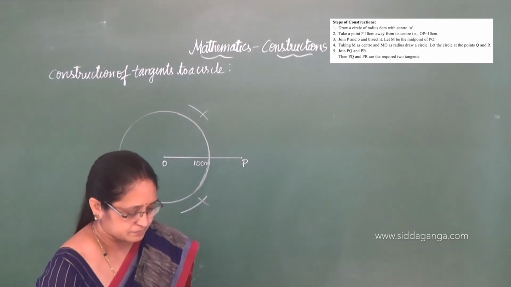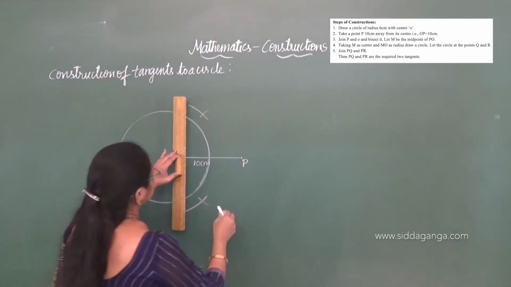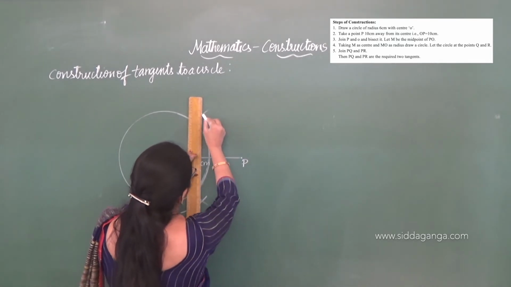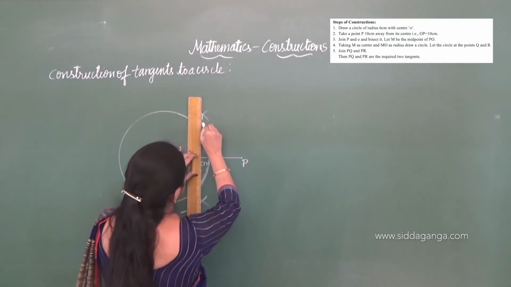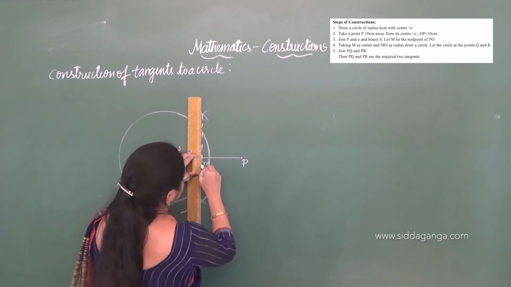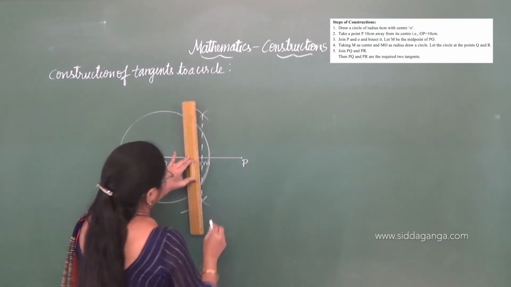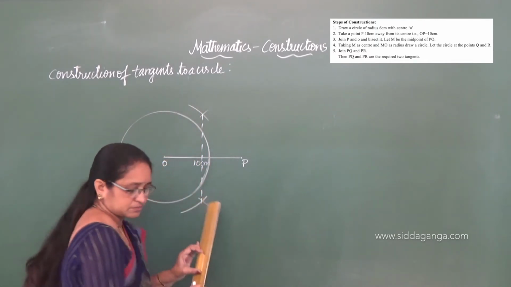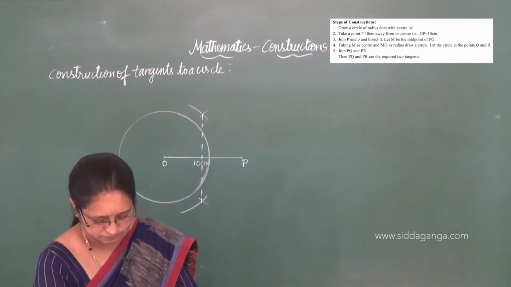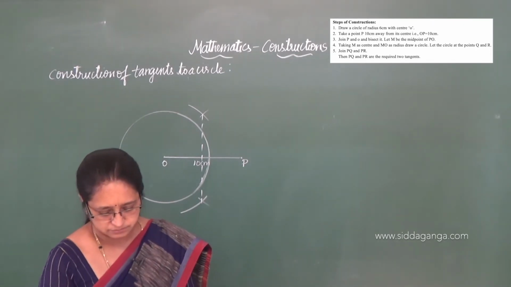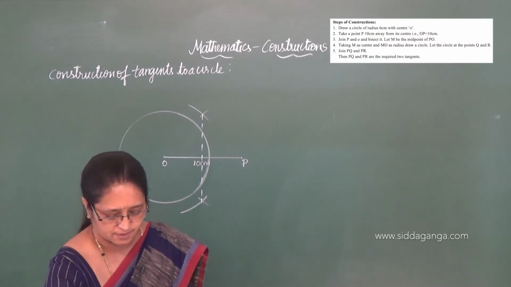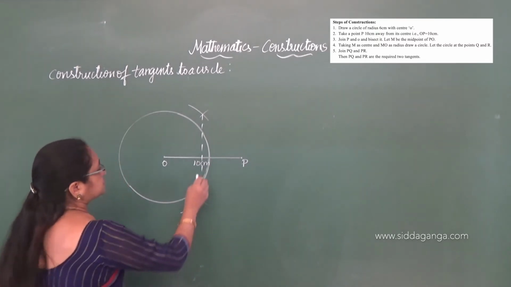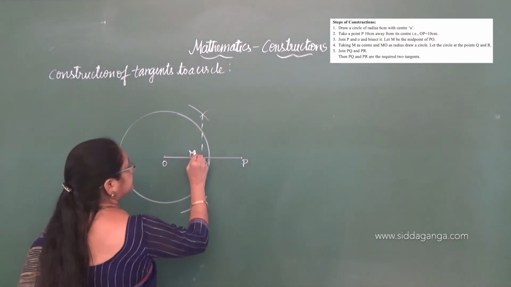Now I will join this. I will draw a perpendicular bisector, like this. Let this point be M.